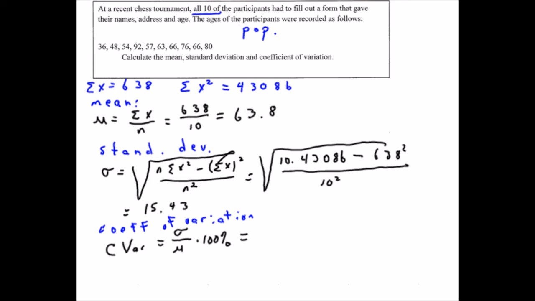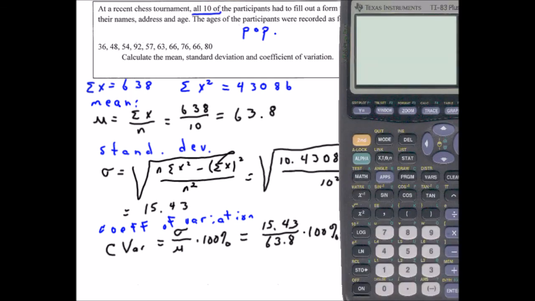For our particular example, standard deviation is 15.43. Our mean was 63.8. Times that 100%, because it is a percentage, equals. And this one you can't pull off the calculator.